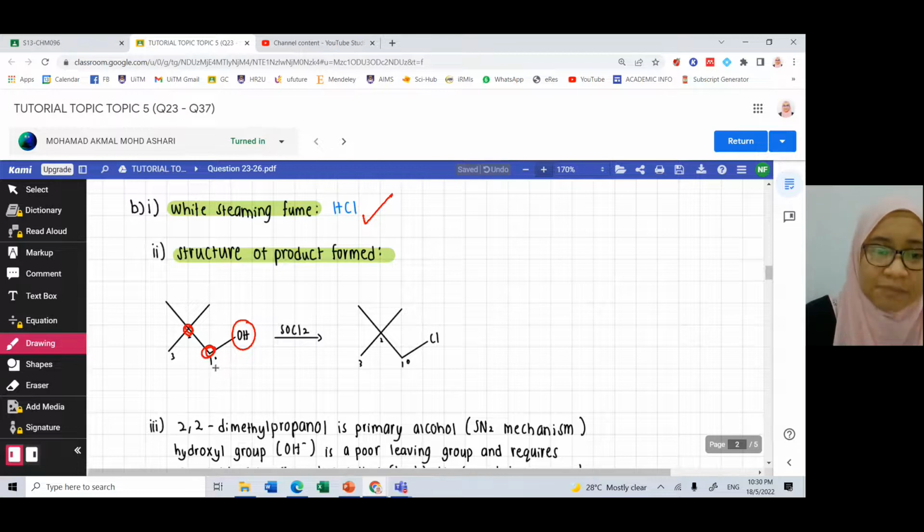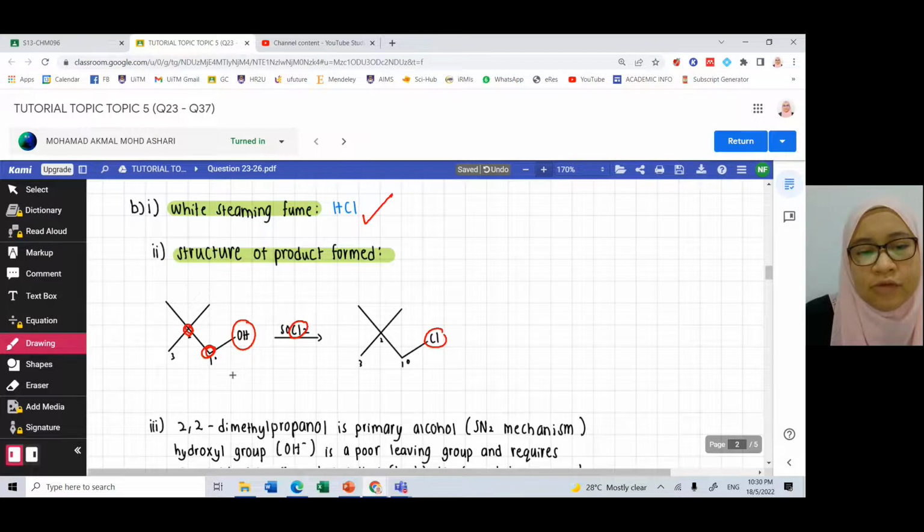So since it is a primary alcohol, it will proceed with SN2 reaction. It is still nucleophilic substitution, in which the OH will be replaced with Cl that is provided by SOCl2, the thionyl chloride. So this OH will be replaced with chloride.